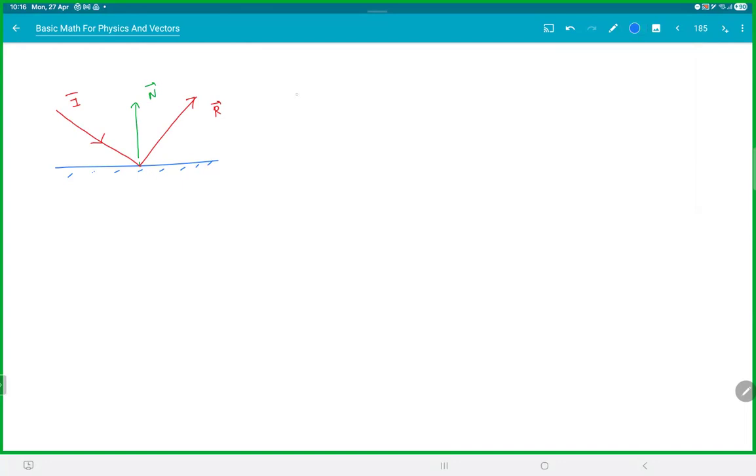Third was they're in the same plane. If they're in the same plane, that means they're coplanar vectors. Incident ray, normal, and reflected ray are in the same plane. That means if you take a box product of I bar, R bar, N cap, you will get 0.